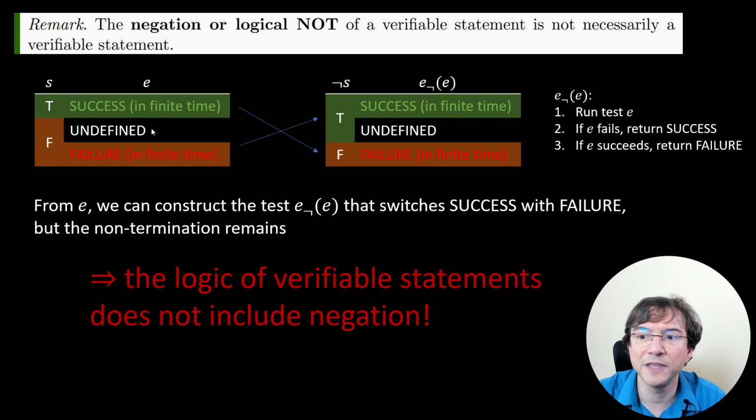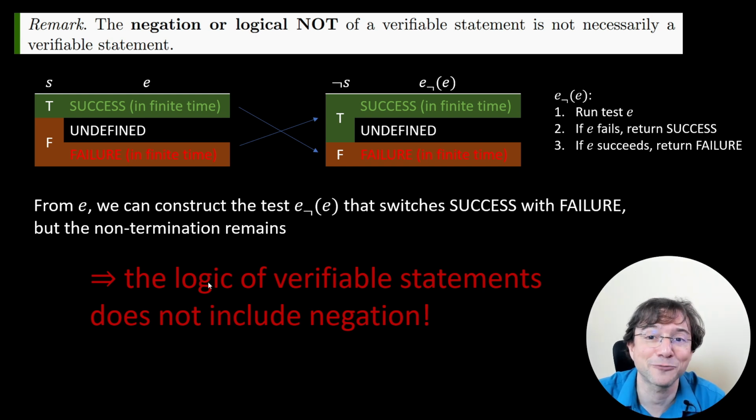So now the test was undefined when the statement was false, and now it can be undefined when it's true. And so this does not satisfy the requirement of a verifiable statement. It's falsifiable, right? Because every time that it fails, the statement is false, but it's not verifiable. So just running the test and exchanging success with failure switches the termination condition, but it doesn't change the non-termination condition.